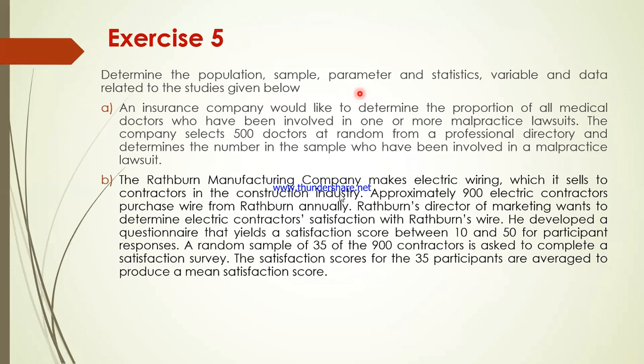Now, using this average or mean, define your population parameter.